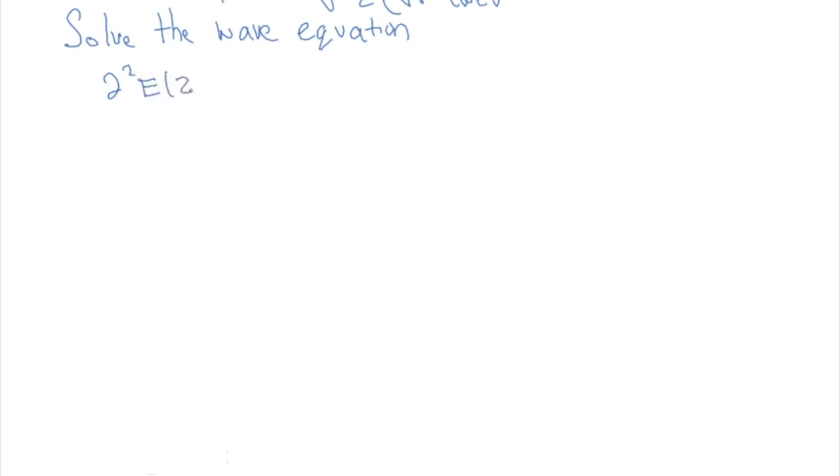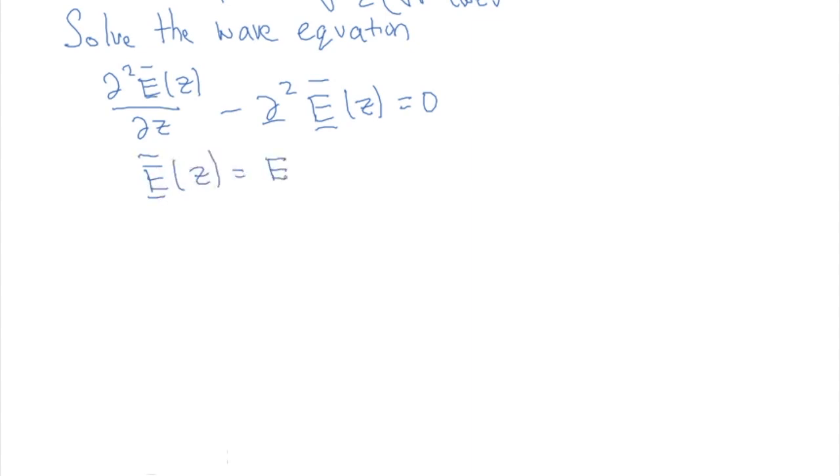So we can change our del squared to the second derivative of the electric field minus our wave number times the electric field, and this all equals 0. So solving this out, we get our electric field in the z direction to equal E naught times e to the power of negative wave number times z. And this is in the x-hat direction.